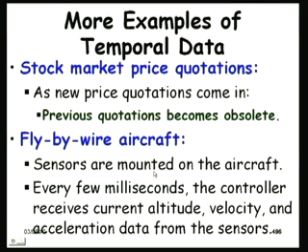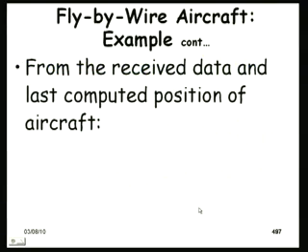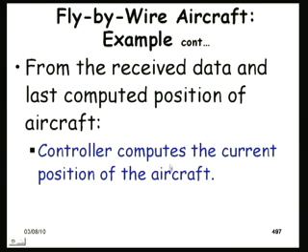For example, there may be sensors for finding velocity, acceleration and so on, and every few milliseconds the controller receives data from these different sensors regarding altitude, velocity, acceleration and so on. And from the received data and the last computed position of the aircraft, the controller computes the current position of the aircraft.